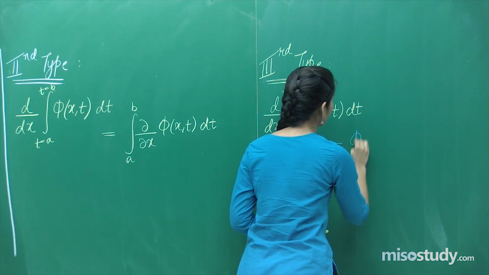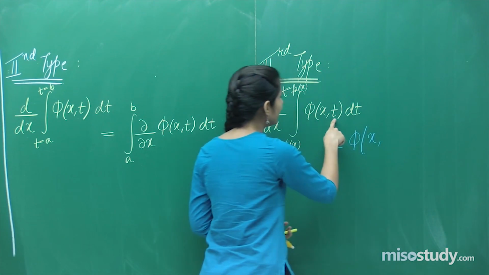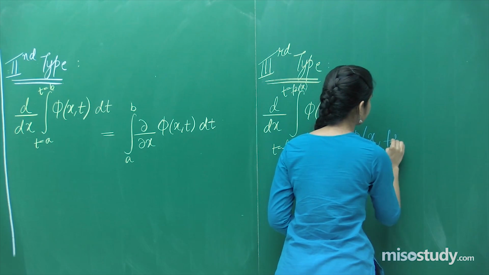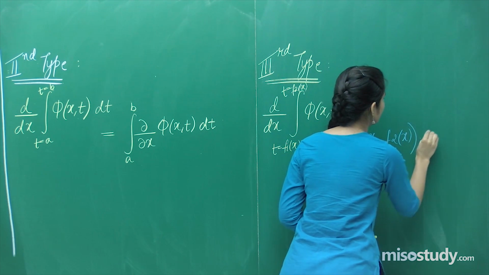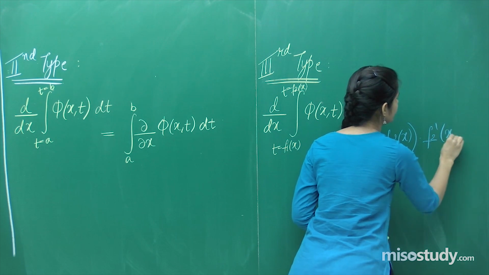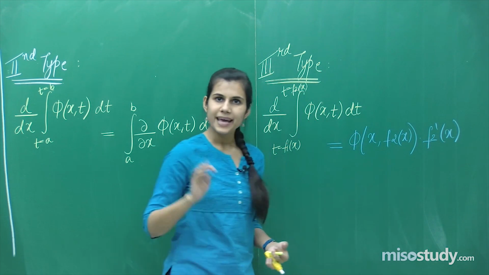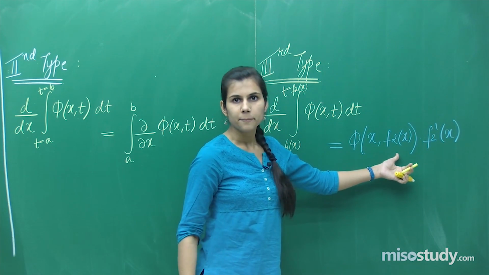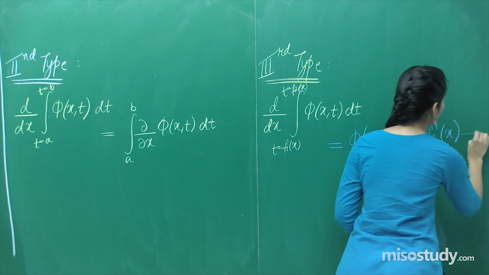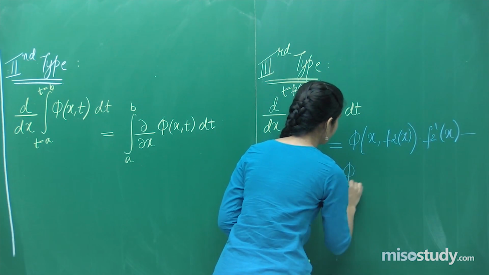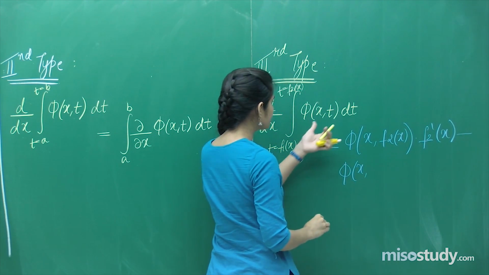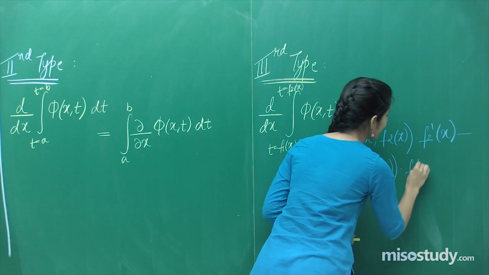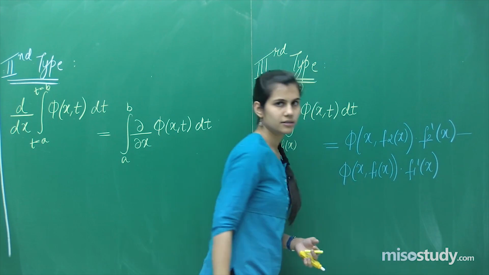You get phi of x comma, in place of t, substitute f2 of x, multiplied by f2 dash x. There also we substituted t by the upper limit, here also substitute t by the upper limit, minus phi of x comma, substitute t by the lower limit, into f1 dash x.